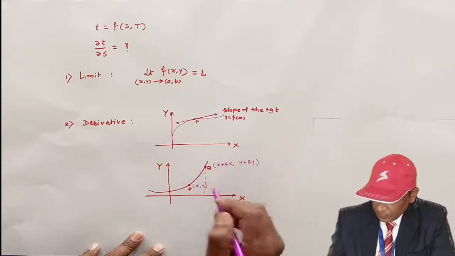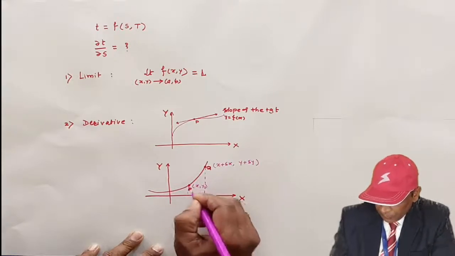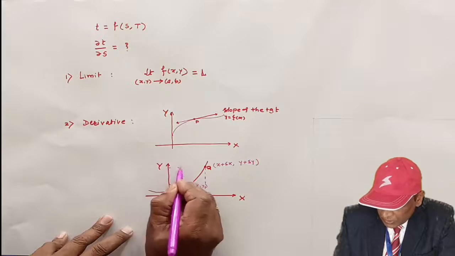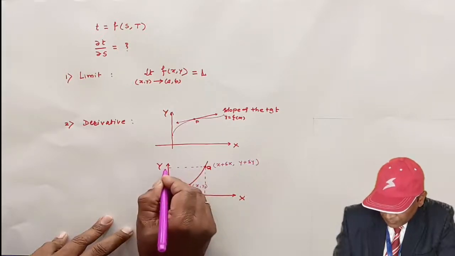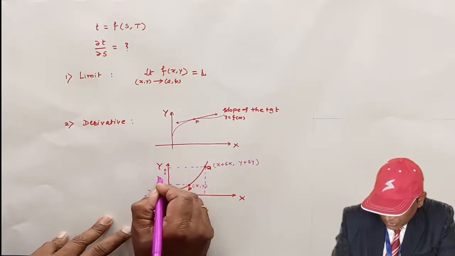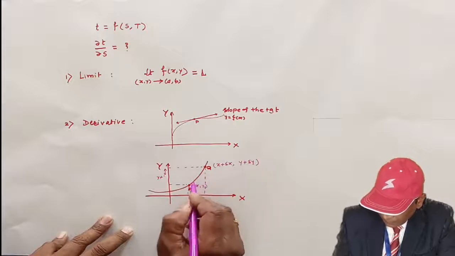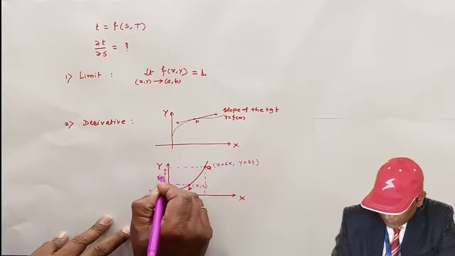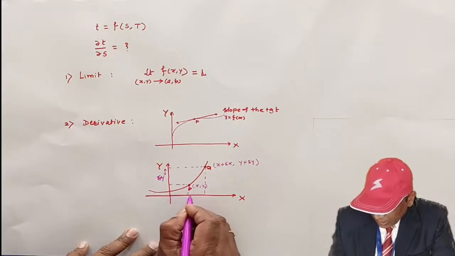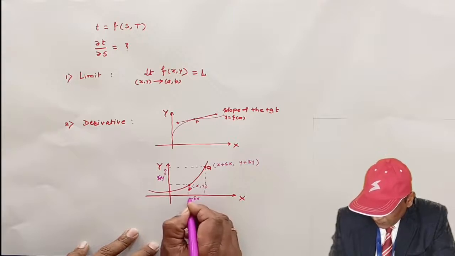This much distance is y plus delta y, this much distance is y, and this is delta y. This is x, and this is x plus delta x. So this much is delta x.